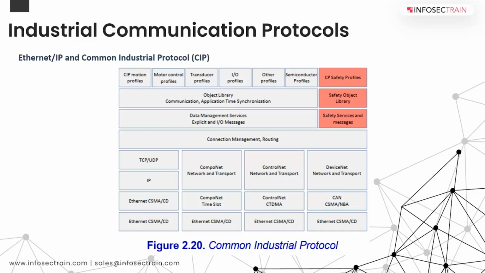So although CIP uses a formalized model, it does not define any mechanism, implicit or explicit, for security. In addition, it defines objects required to identify devices, which can facilitate the discovery of equipment in the network and provide targets for attackers.